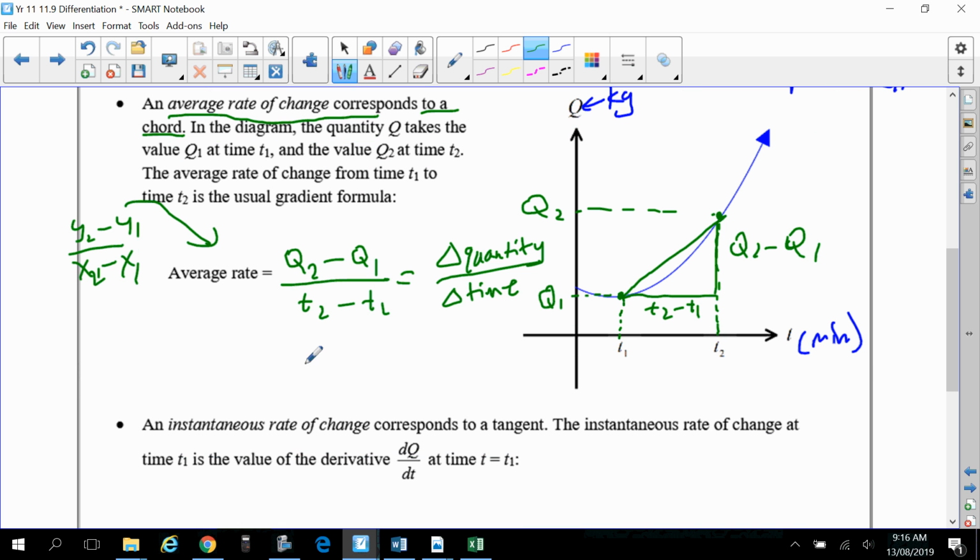We also have what we call the instantaneous rate, which corresponds to the gradient of the tangent. The instantaneous rate of change at time t1 is dq/dt at t1. So that's the gradient of the tangent.